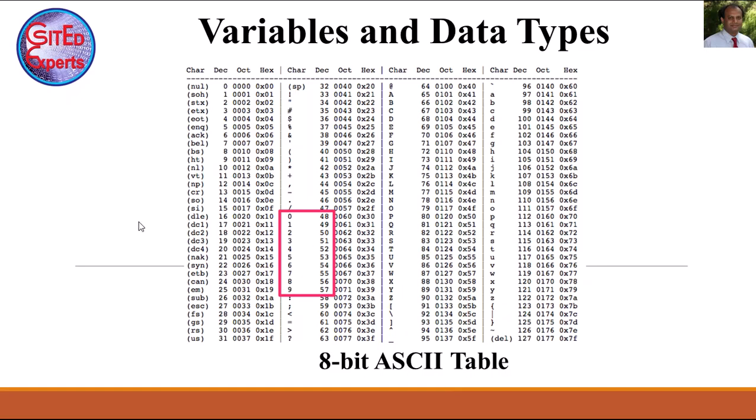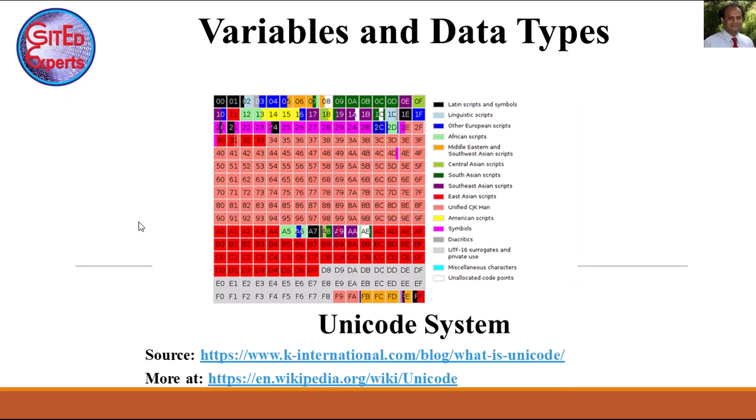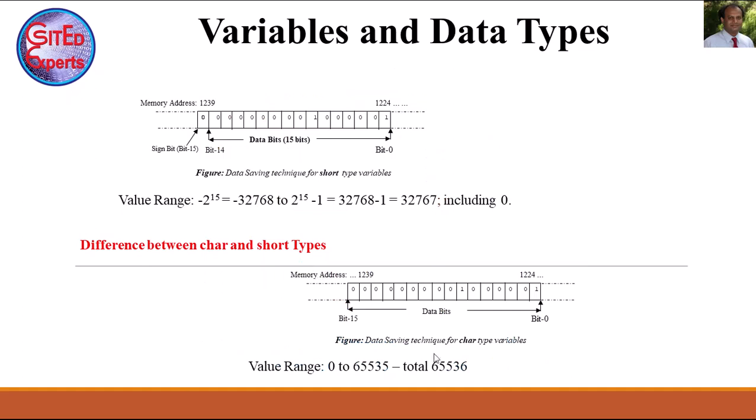But the most recent one that we know is used as Unicode. The Unicode system contains almost all of the characters of all languages, and as we saw here, it can contain at most 65,536 characters.